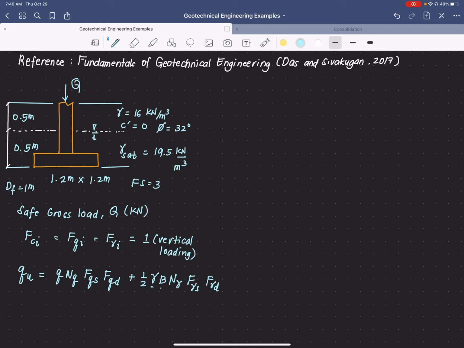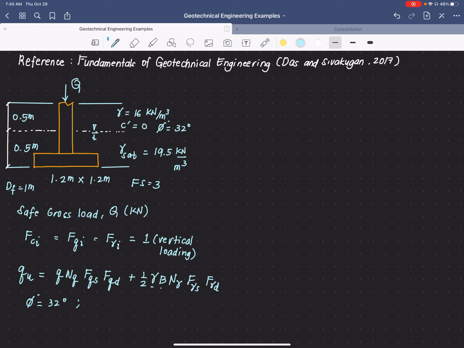So let's begin getting the values of the bearing capacity factors from our given angle of friction of 32 degrees.